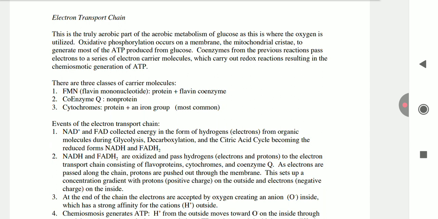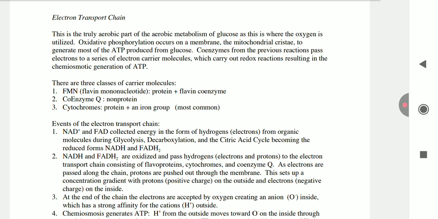Coenzymes from the previous reactions pass electrons to a series of electron carrier molecules, which carry out redox reactions resulting in the chemiosmotic generation of ATP. There are three classes of carrier molecules: FMN, flavin mononucleotide, which is a protein plus flavin coenzyme; coenzyme Q, which is non-protein; and cytochromes, which are protein plus an iron group, the most common.